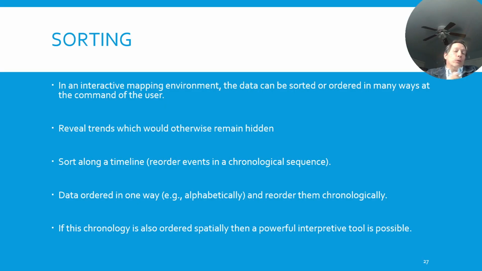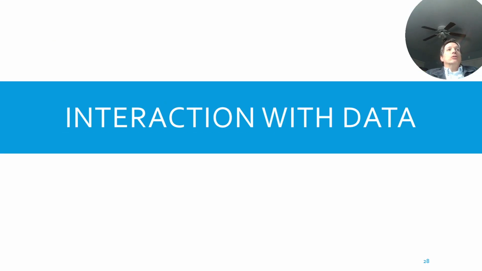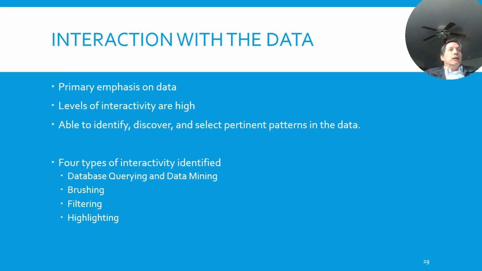Remember that table that we were sorting through the countries. And we can sort spatially the data to be able to look into different insights of the relationship of that time dimension.